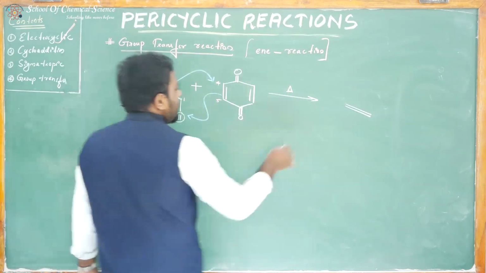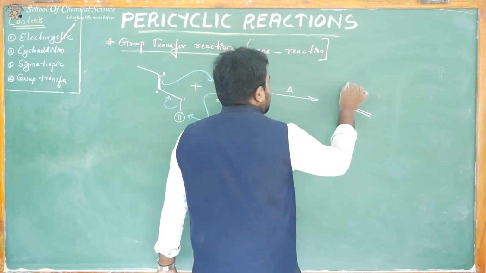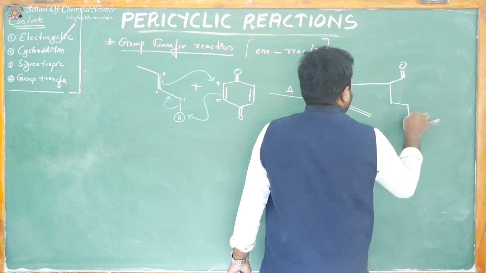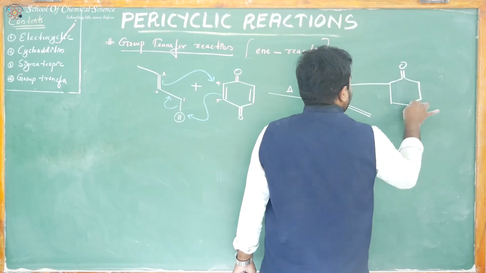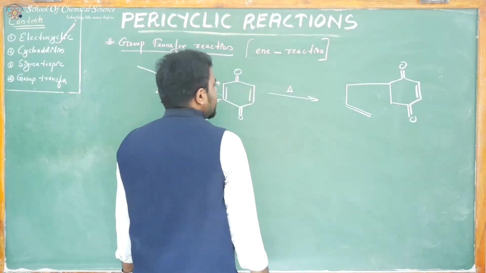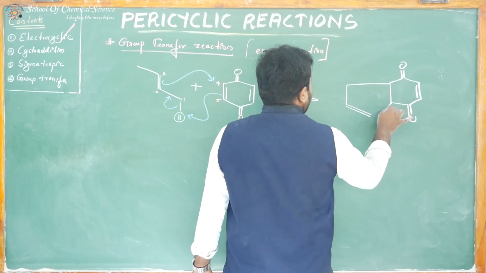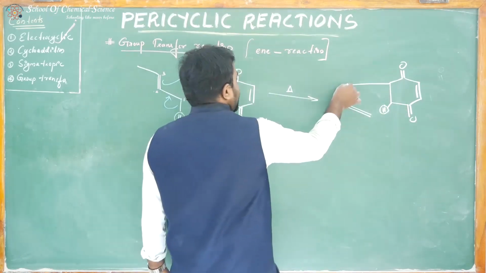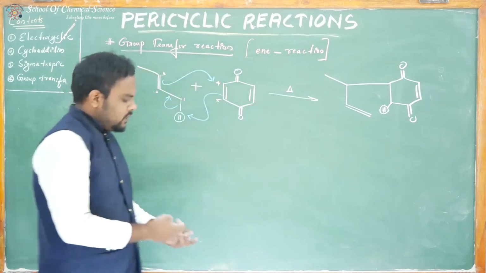This is 3. 3 is connected to 4 and 5. And this fifth carbon contains the transferred hydrogen. At carbon number 3 a methyl substituent is there.